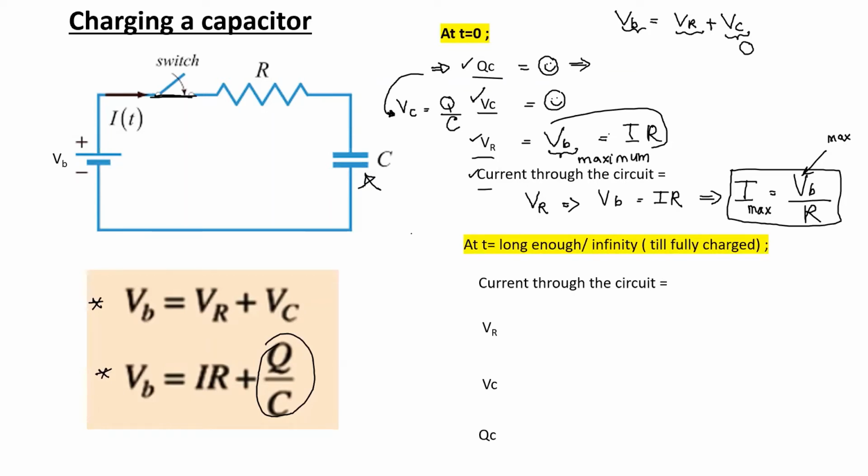Yes. So this is very important. And most of the conceptual problems will ask you about this. So conceptual problems on this will be: at t equals 0, what is the current through the circuit? At t equals 0, what is the voltage across the resistor? So they can just ask you things, but you have to know to go in this order.